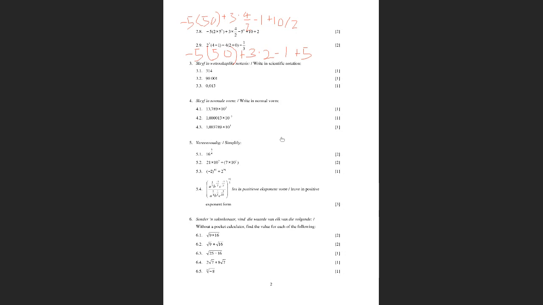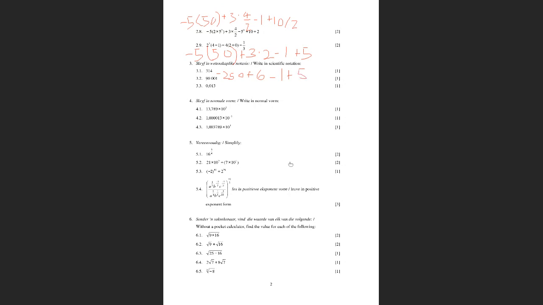Then BODMAS says the next thing we do is multiplication. Minus 5 times 50 will give us minus 250. Plus 3 times 2 will give us 6. Then we get minus 1 plus 5. Now BODMAS says the next one we do is addition.